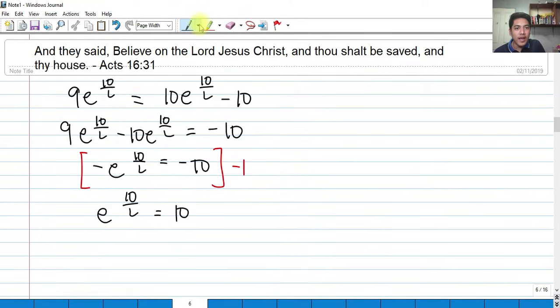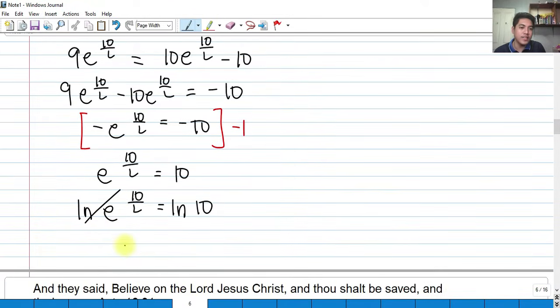And taking the ln of both sides, why do I need to do this? Because L is in the exponent. So ln of E simply cancels, and whatever the exponent is would be the remaining term. So we have ln of 10.